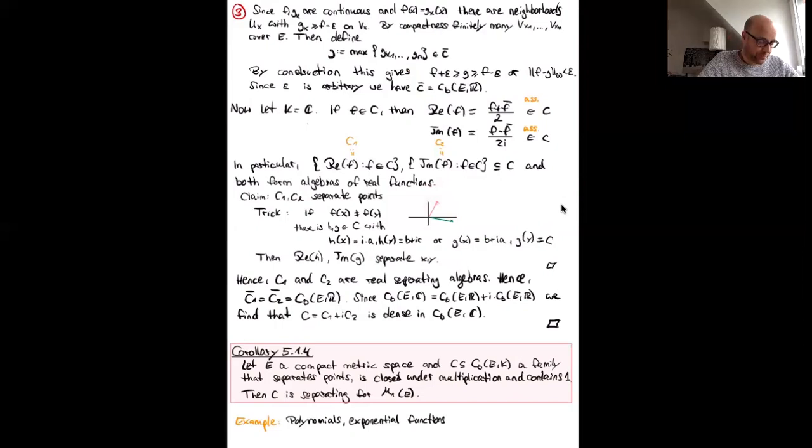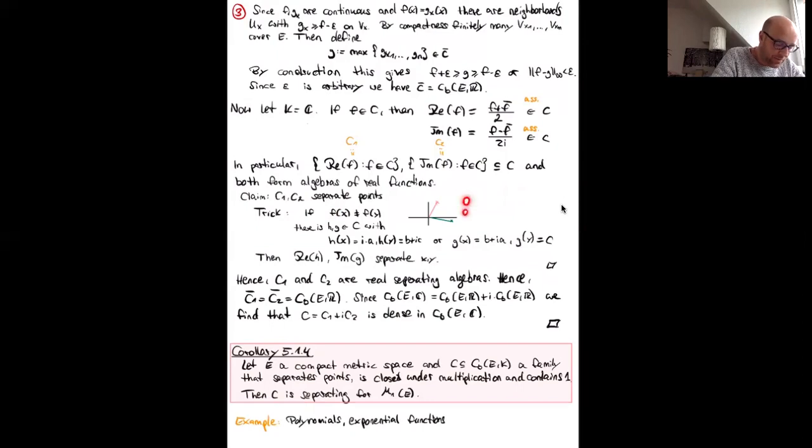Well, essentially the trick is just the following. If you have a function f that separates 2 points, then you can pull them around by taking a different function. If f gave you this, for instance, then these are the values of f, but then you multiply by something else, some other constant, and then you rotate them.